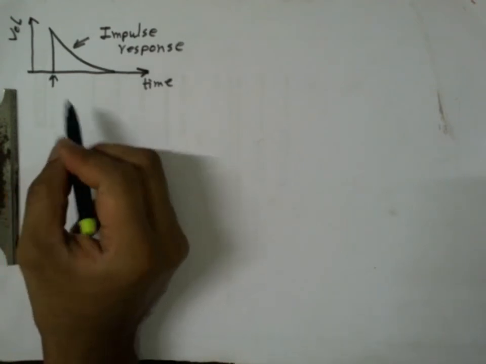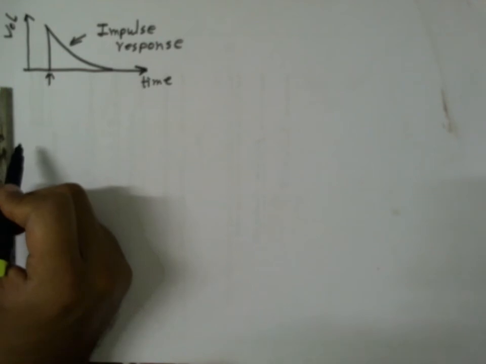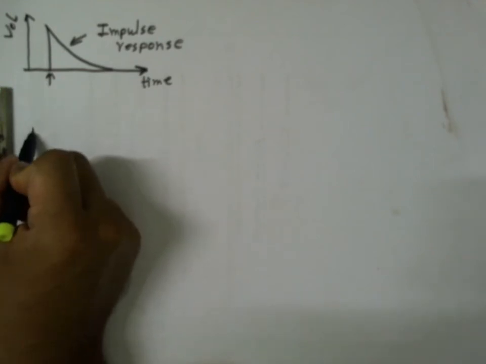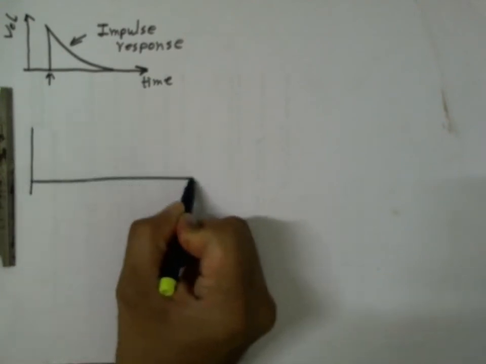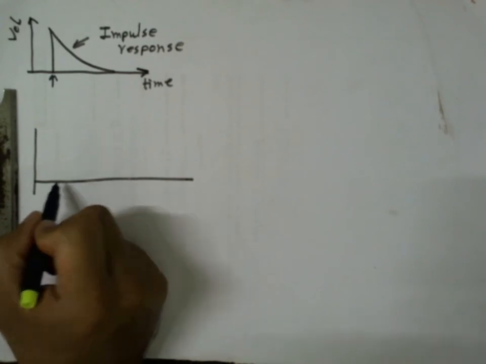Okay, and then we discussed how the velocity is computed at any instance if I know the instances where the rocket is ignited.